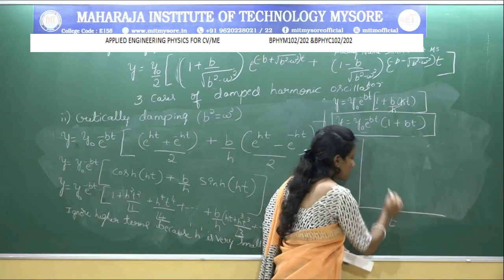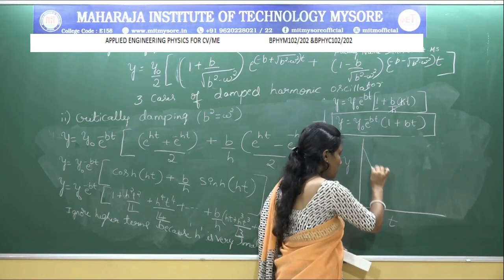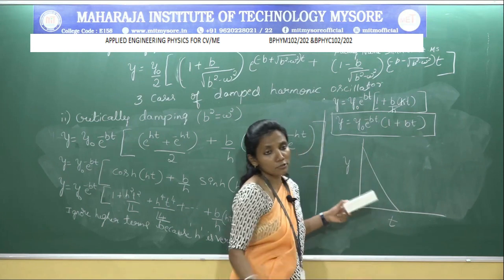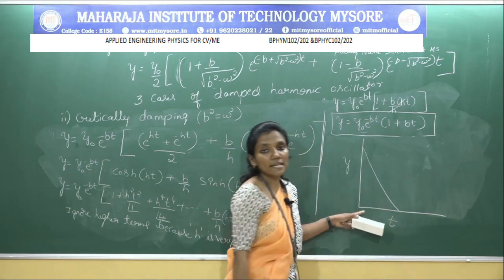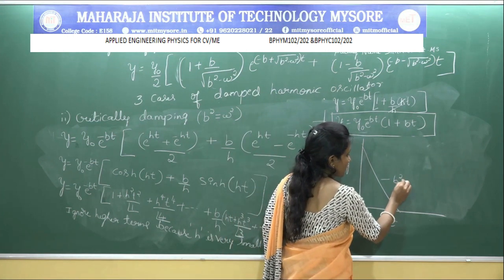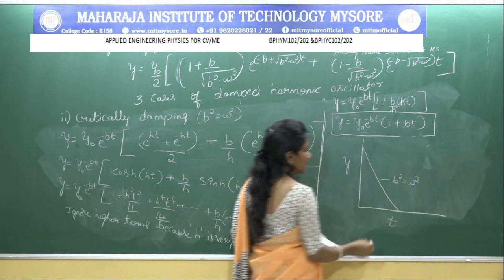As time progresses, it will come back to its mean position as early as possible. So this is the case of b square is equal to omega square, critically damped.